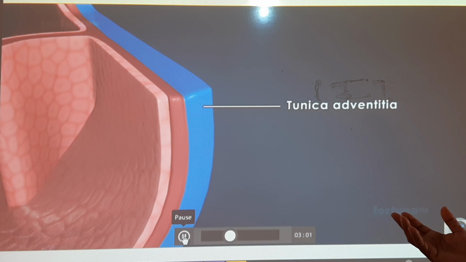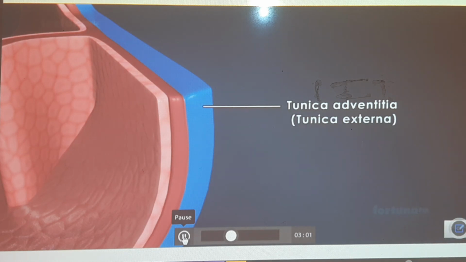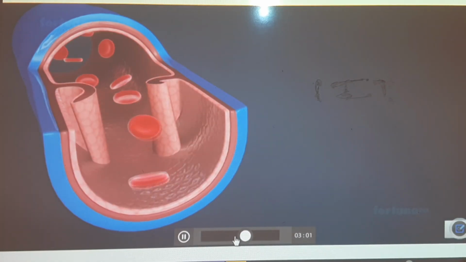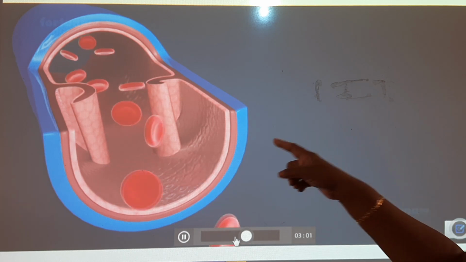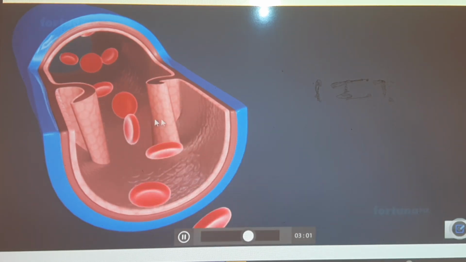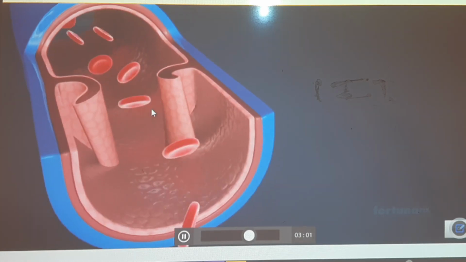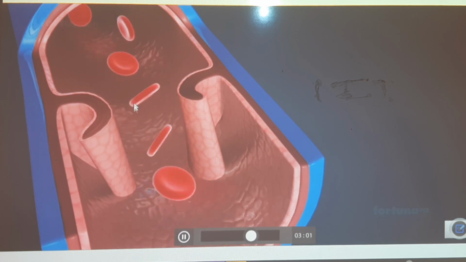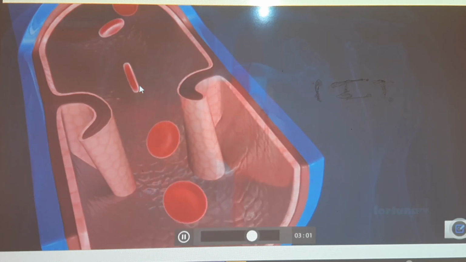I told you already the names of the layers, no need to study. And you can see the blood flows through it, and a valve, you can see a valve here. See, this is a valve. Valves are seen inside the veins, and blood flows with low speed and low pressure through the veins.